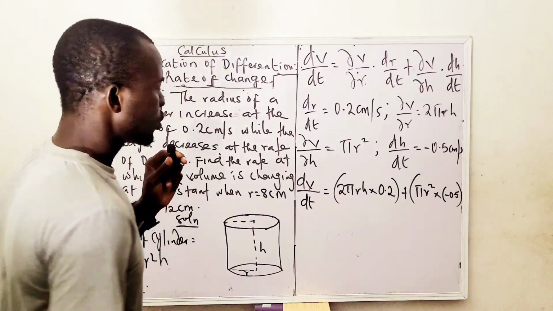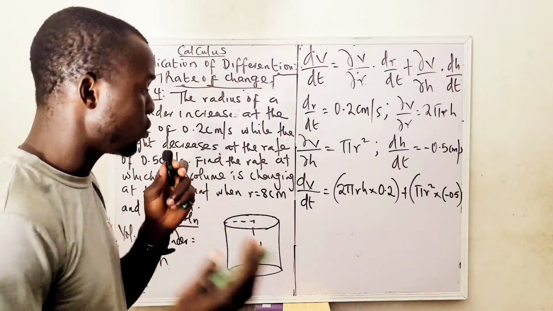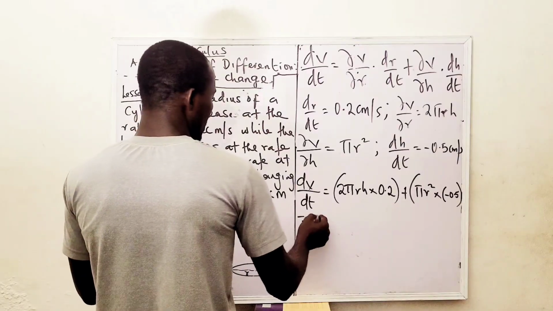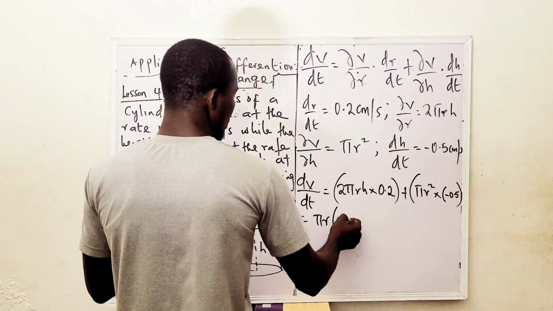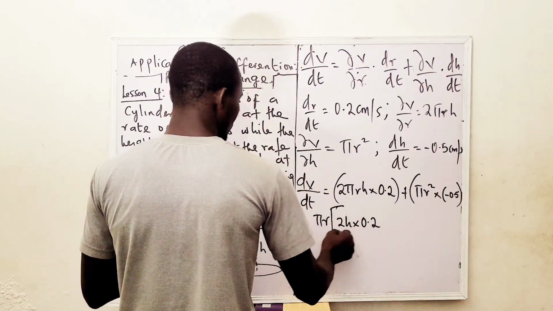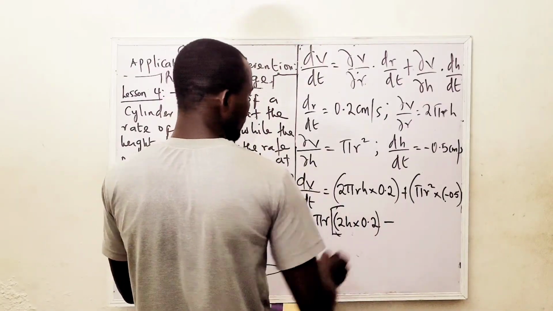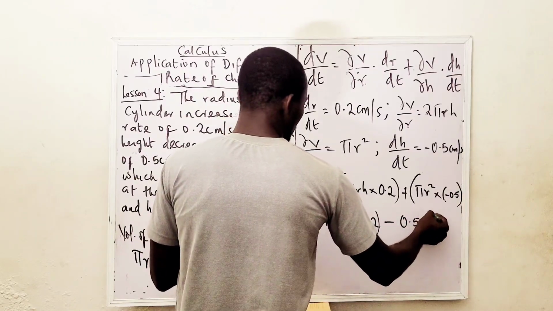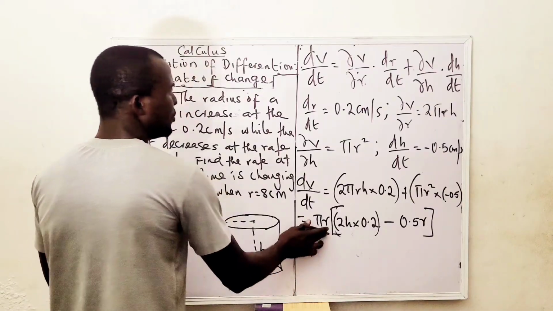Next thing is that you check, can you factorize? That is the easiest way to go without confusion. Pi r is here, pi r is here, factor it out. This will be pi r factored out. What will be left here? That will be 2h times 0.2. Because of this minus, everything will be negative, minus 0.5 r. That's what you are going to get, and then you have pi. Our radius is 8.